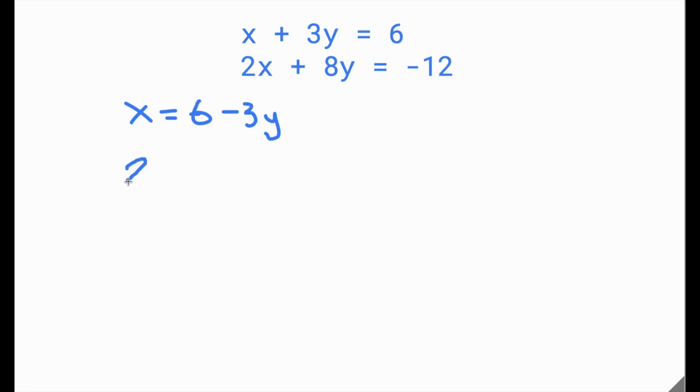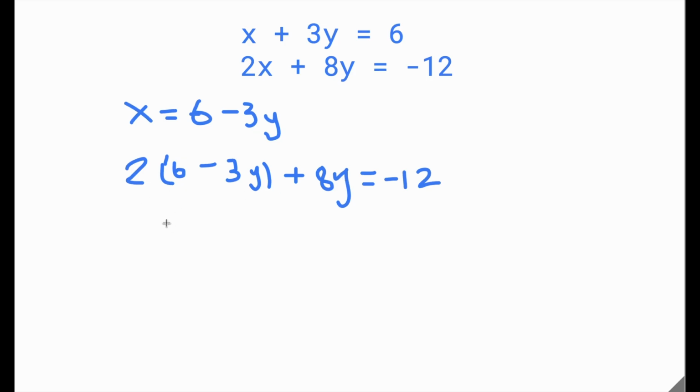So that's going to look like 2 times (6 minus 3y) plus 8y equals negative 12. And the purpose of this is to create an equation where we only have a single variable so that we can find a single numerical value without finding a solution that has more unknown variables in it. And that way we can plug that answer in later on to find the value for x.